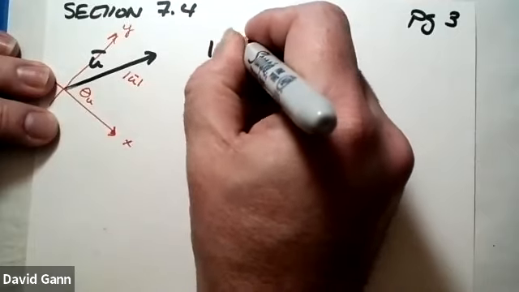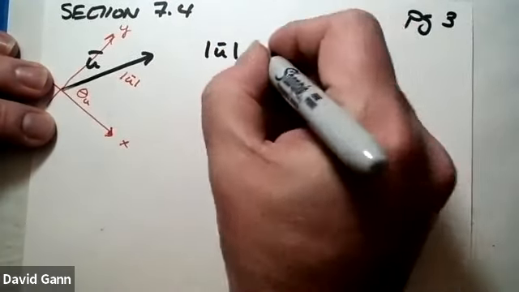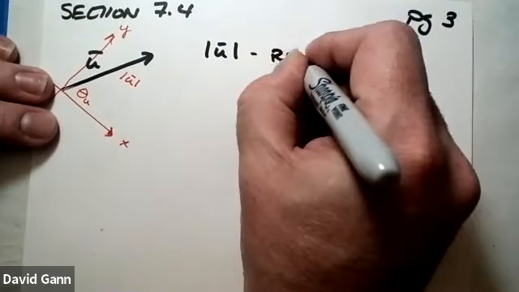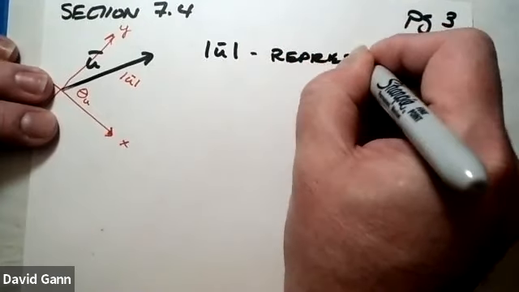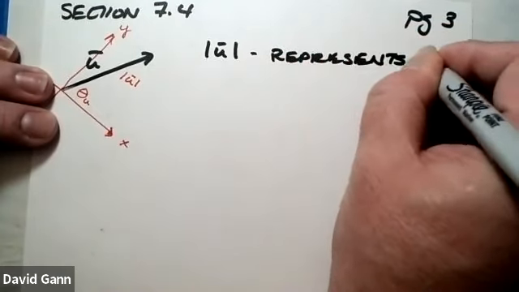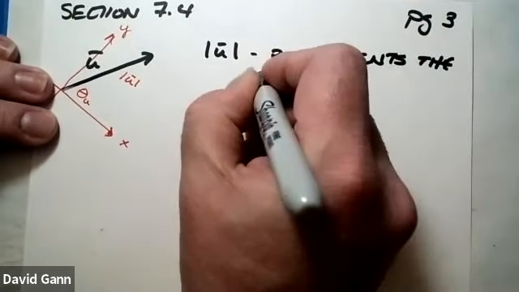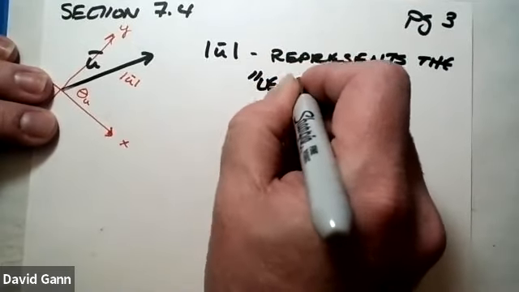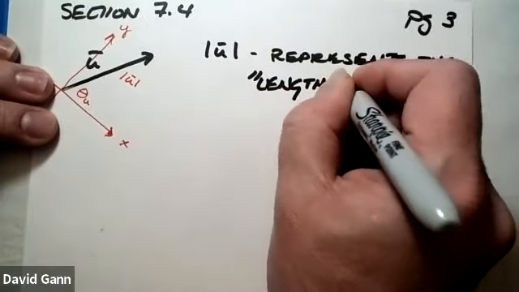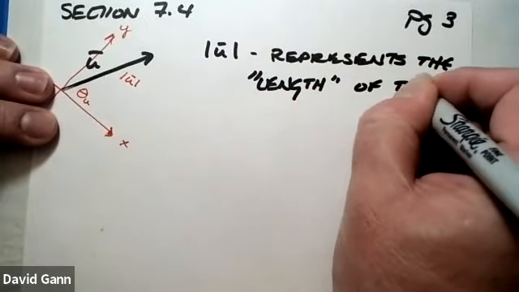So the notation |u| represents the length (in parentheses, because it's not necessarily a length) of the arrow.